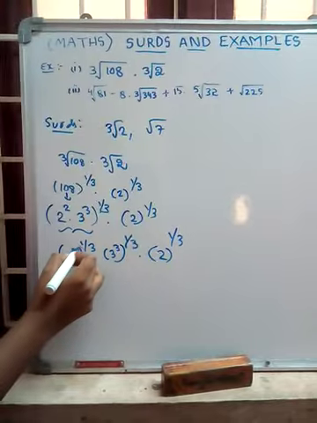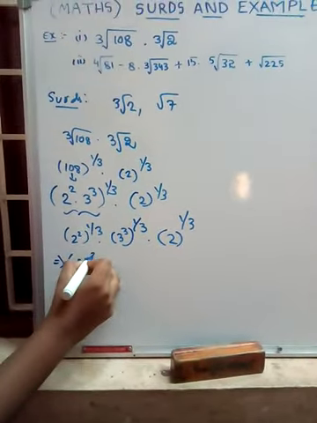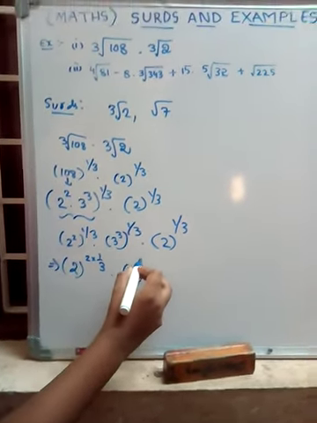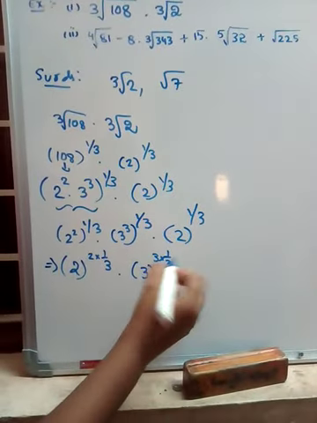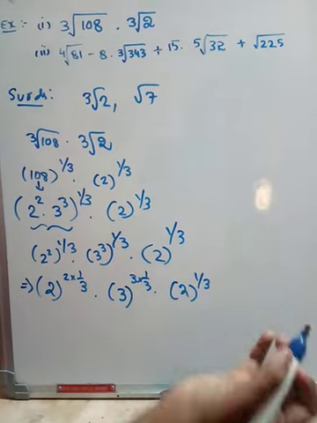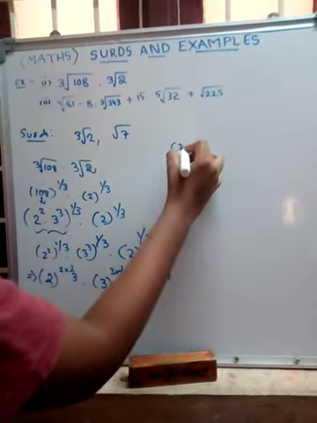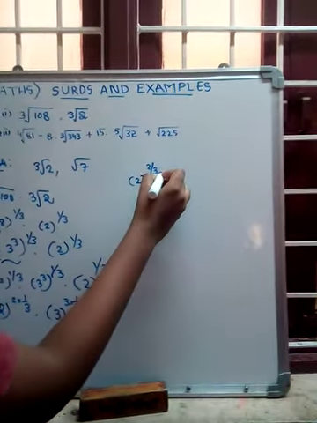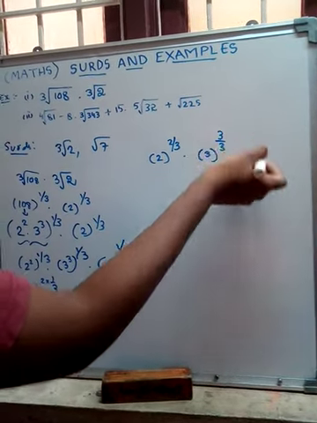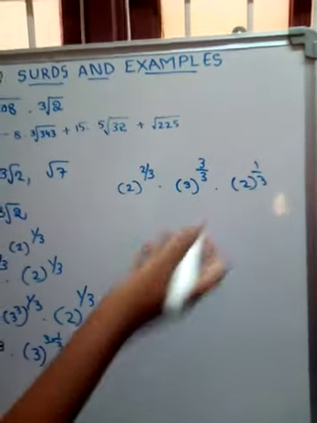First multiply the powers: 2 power 2 into 1 by 3, and here 3 into 1 by 3, into 2 power 1 by 3. Next step is 2 into 1 by 3, 2 by 3. So we get 2 power 2 by 3 into 3 power 3 by 3, into 2 power 1 by 3.